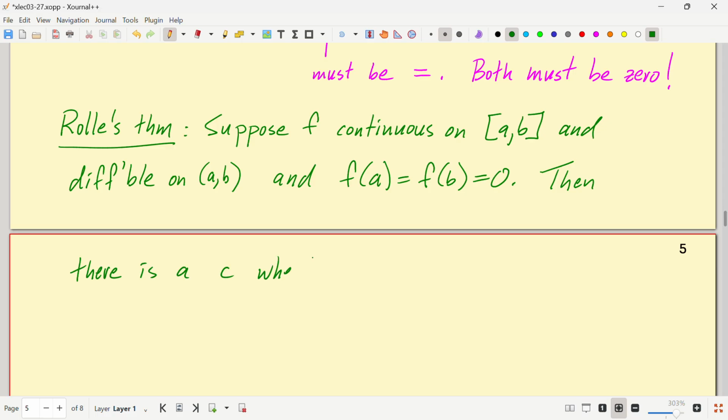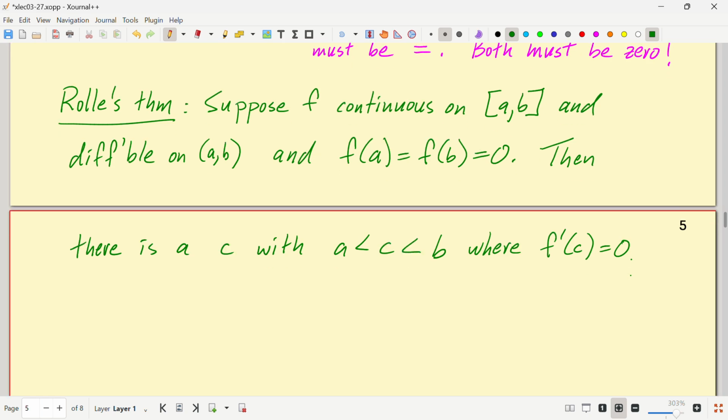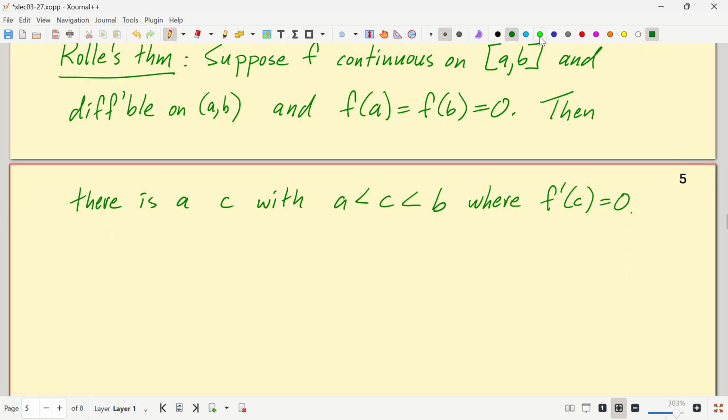A c with a less than c less than b, so strictly in the middle somewhere, where f prime of c equals 0. The proof is going to be a snap.